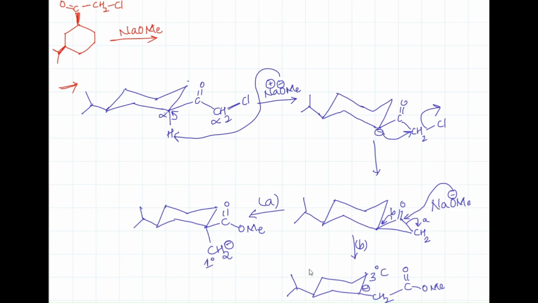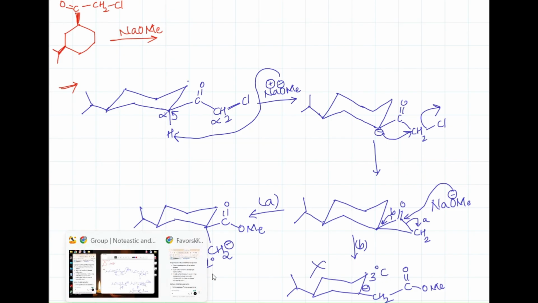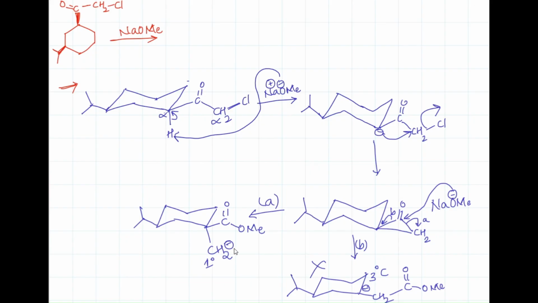This product is highly unstable and it is the minor product, but this is the major product. After protonation it will give this product, CH3, right? This is the major product of the reaction, and the product formed has a 6-membered ring.